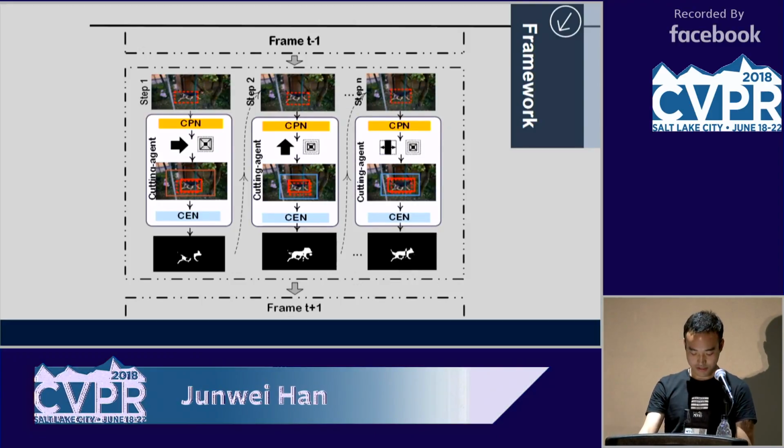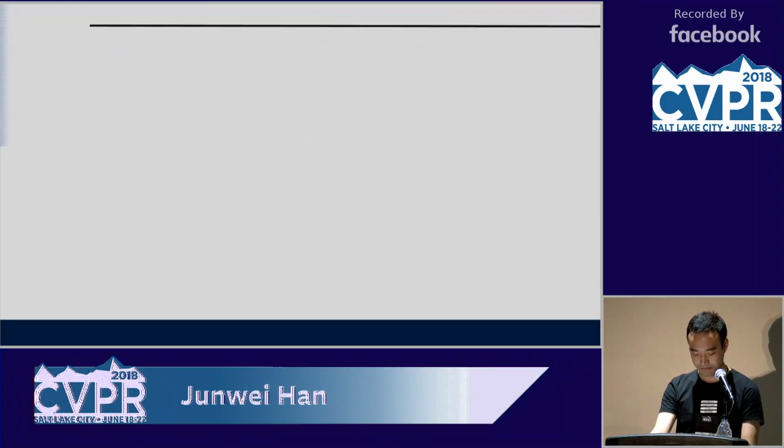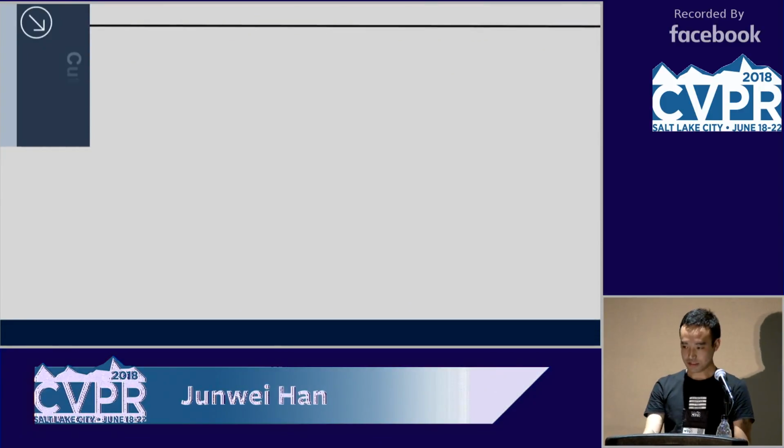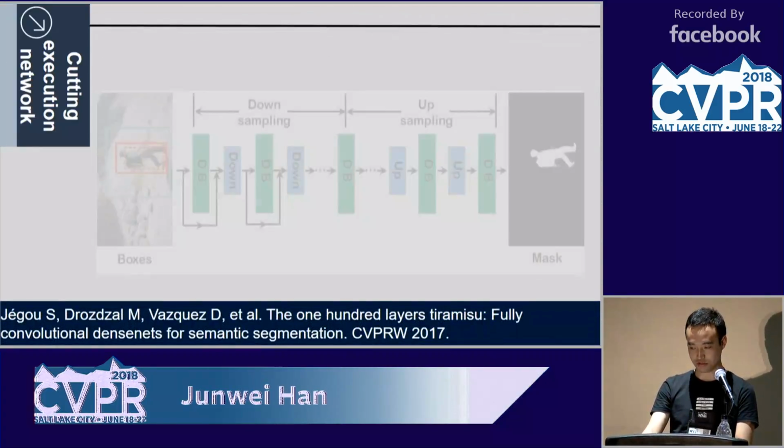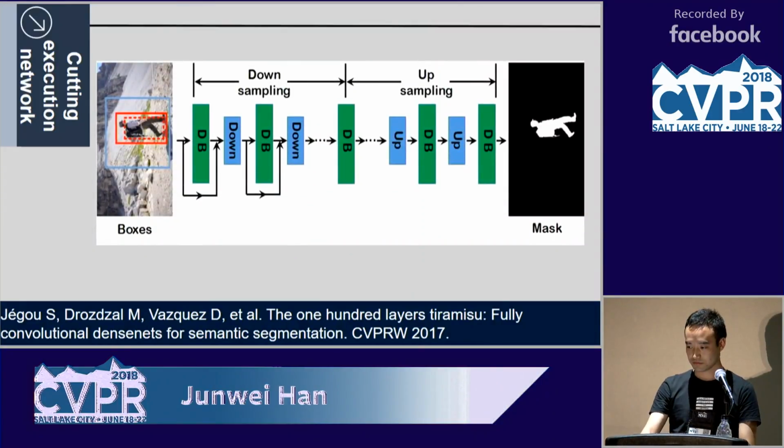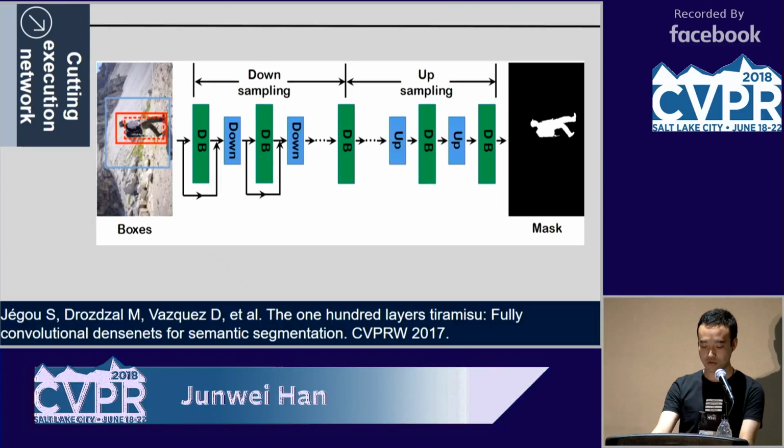Now, let's analyze some details about our work. This is the network architecture of the cutting policy network. The two-head branch generates the object box action and context box action, respectively. This is the network architecture of the cutting execution network.